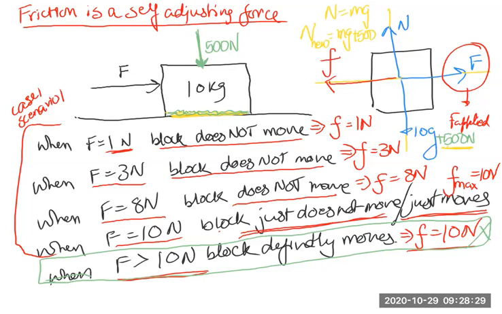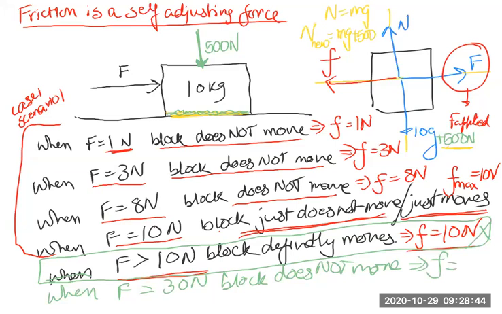So when F is equal to 30 Newton, the block does not move. This implies that friction is equal to 30 Newton. And when F is equal to, I don't know, 100 Newton, the block just moves.